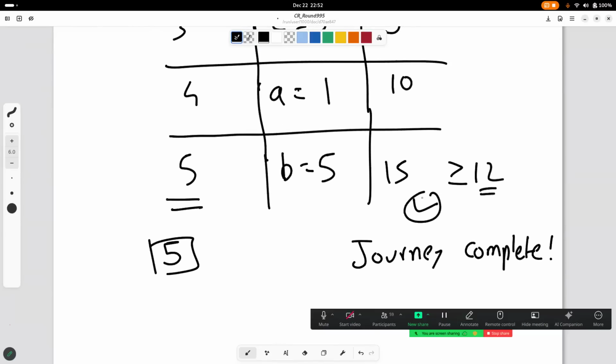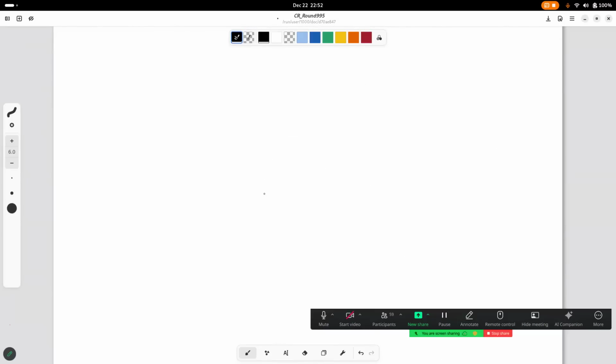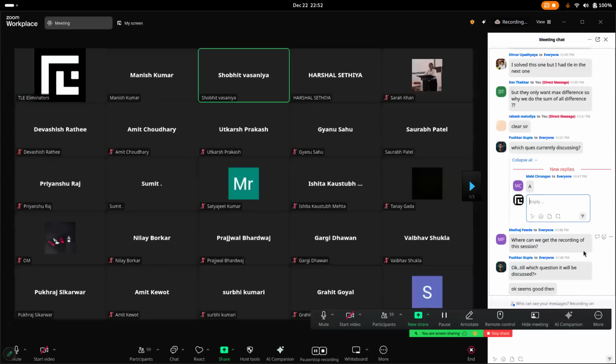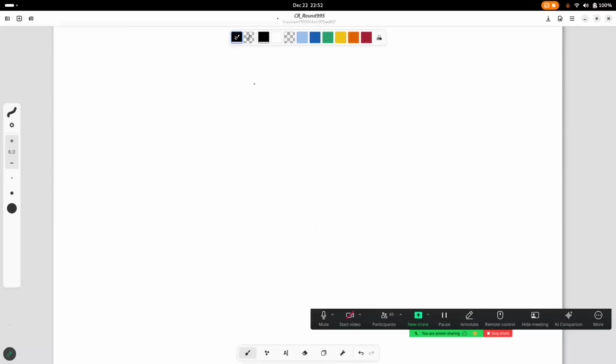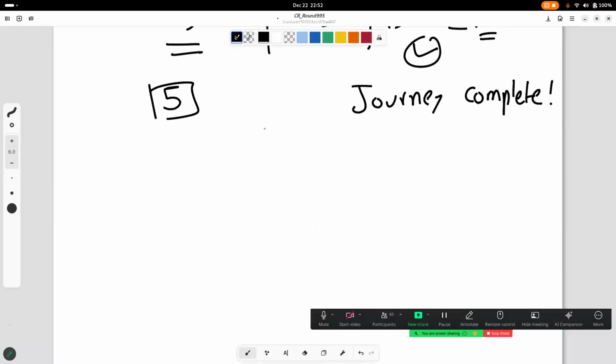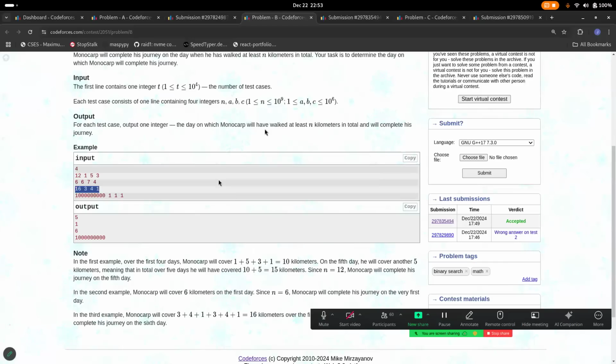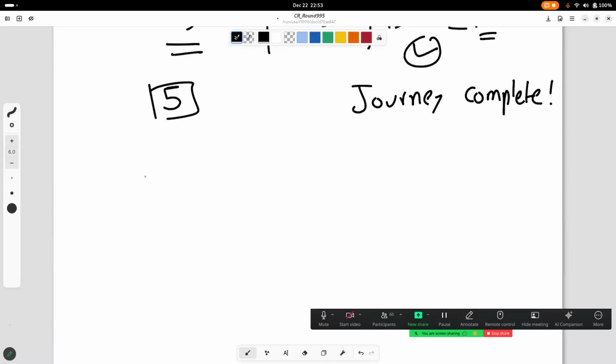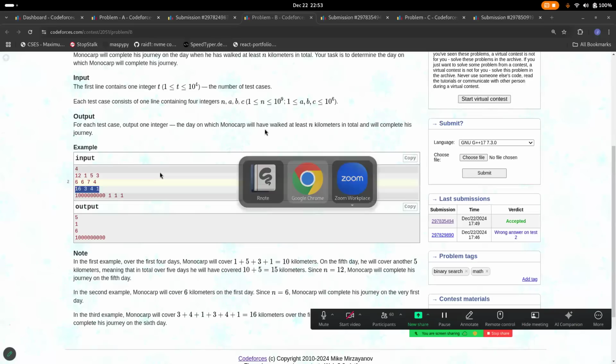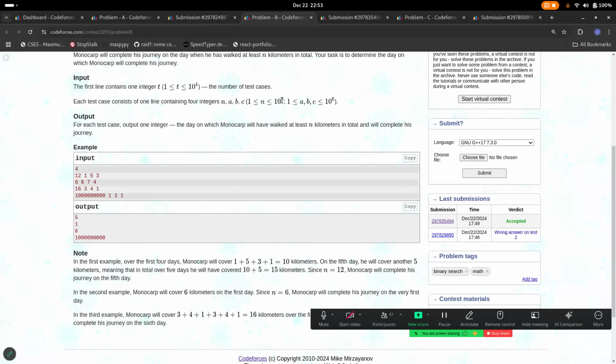In this case, that was 12. Now, talking about the constraints on this problem, n is up to 10 to the power 9.